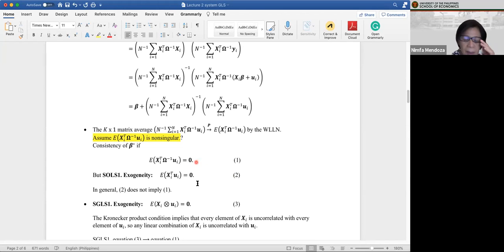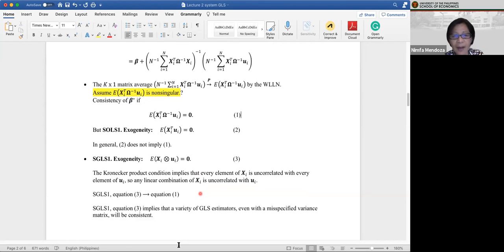Therefore, for system GLS we need the modified exogeneity property: the expected value of x sub I Kronecker U sub I is equal to 0. I'll go through the Kronecker product in a while.